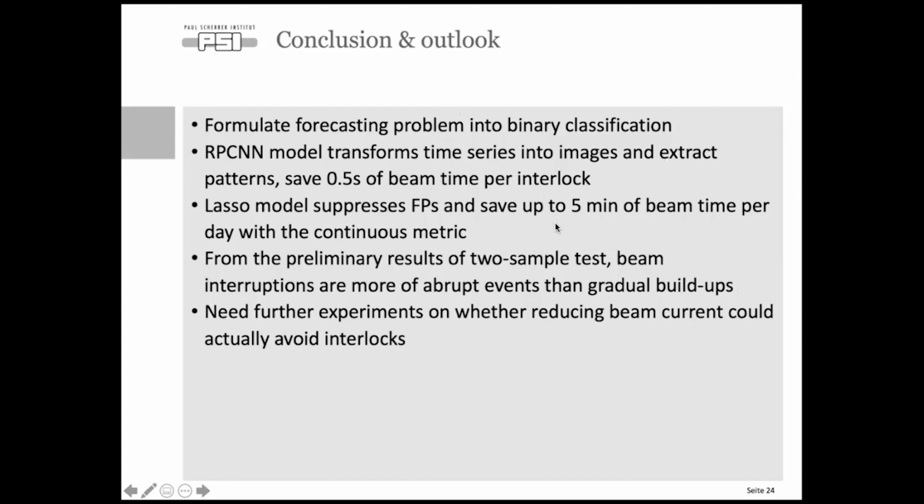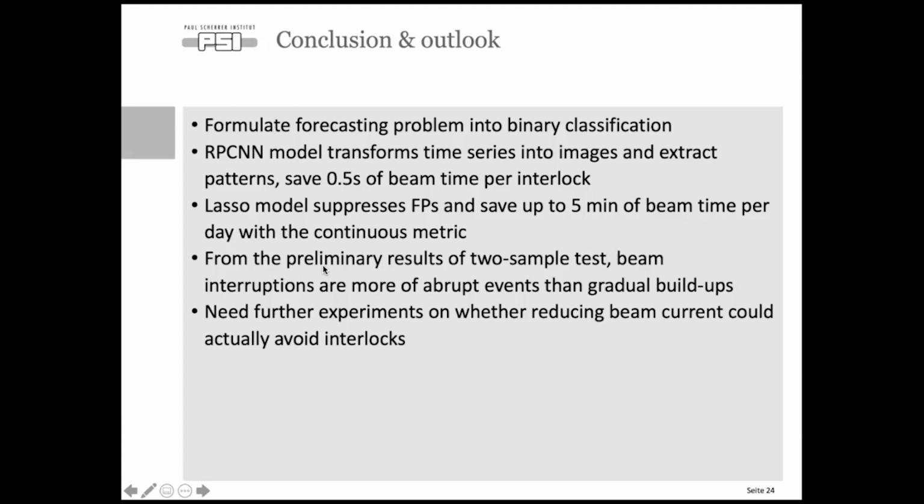Then we also introduced a Lasso model, which suppresses the false positives. We can save up to 5 minutes of beam time per day, and also 15 seconds of beam time per interlock with our newly defined continuous metric.